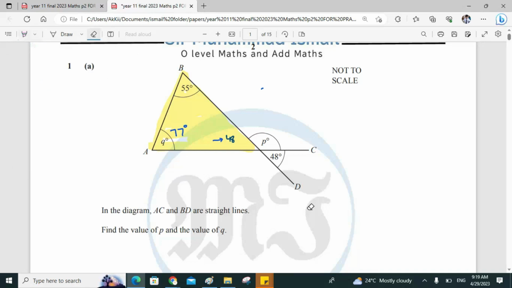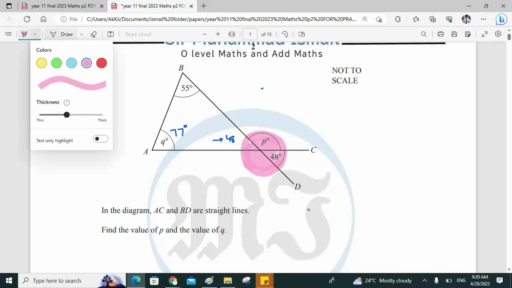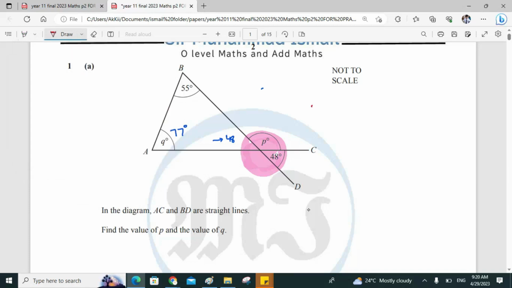Now this time you have to focus on this part. This is a whole circle which I am making, and the total angle in it is 360 degrees. This angle will also be equal to this angle. So you can easily form the equation over here, that is P plus 48 plus P plus 48. This is angle P, this is 48, this is angle P, this is 48.